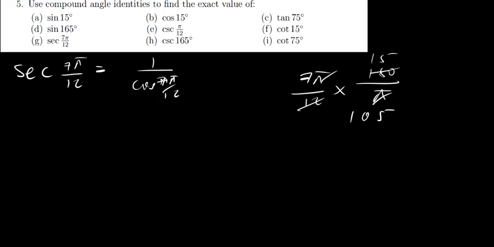So we are trying to find 1 over cos 105. If you remember very well, this is in the second quadrant, and we said when we do minus, it gave us 75. So for us to do 75, that 75 is going to be the same as this 75.